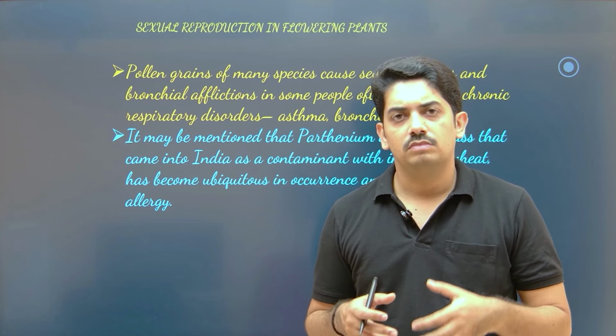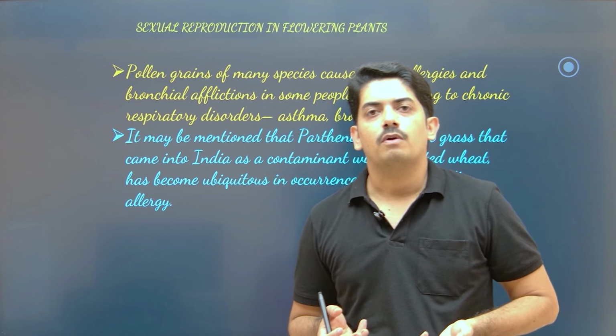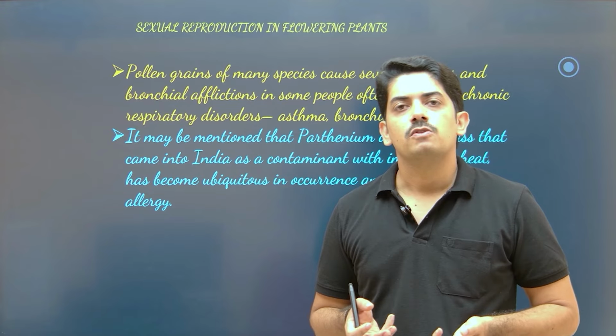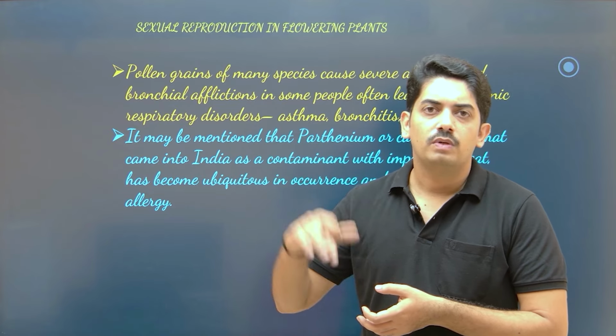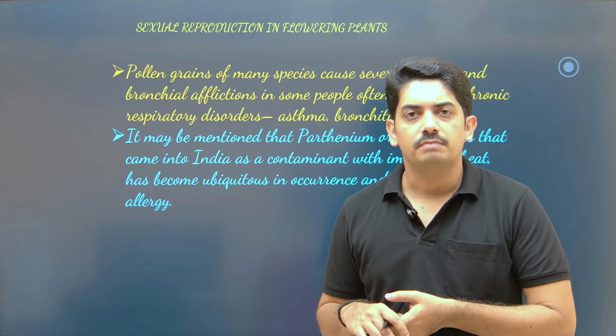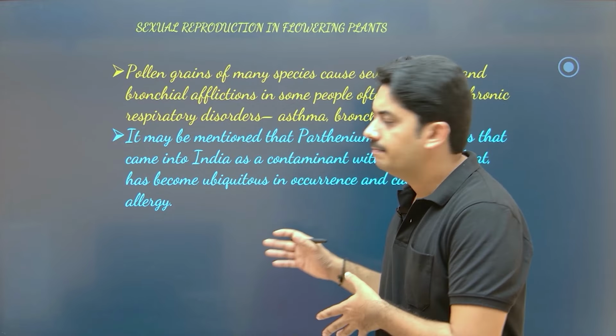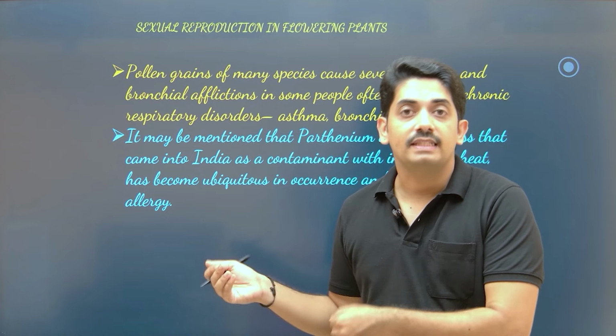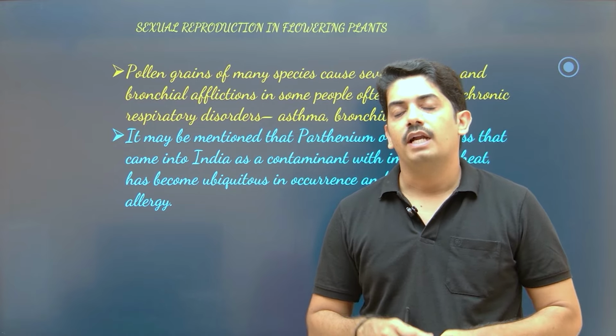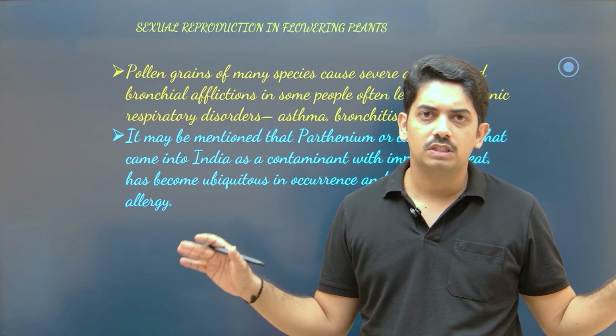You know, there is a lot of competition for having food. So India imported wheat from British countries, and at that time, as a contaminant, this Parthenium grass entered India, and now it has spread all over the place.